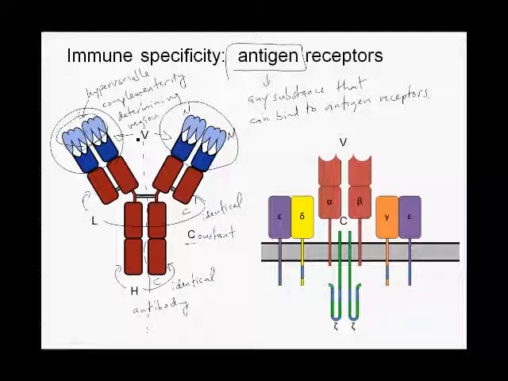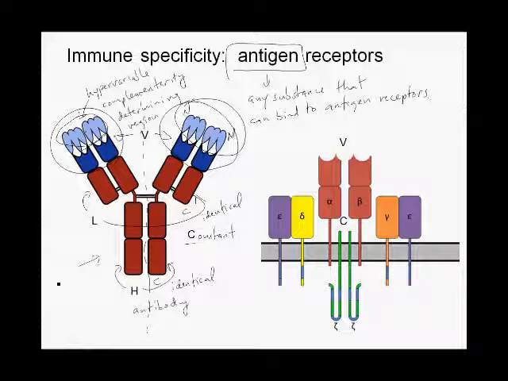So each antibody molecule has a particular antigen binding surface that is made up of a light chain and a heavy chain variable domain, and these two together form a single antigen binding pocket or surface. Okay? And the variability of the amino acids in this region explains their variability in terms of antigen specificity.